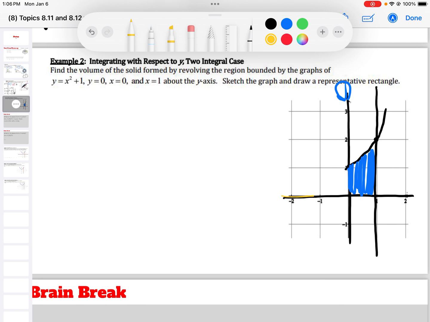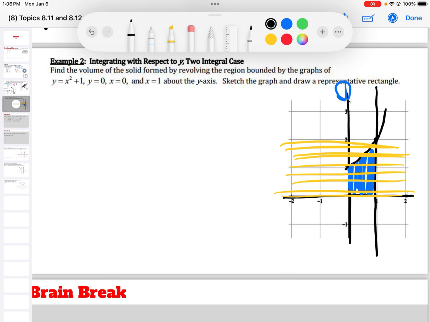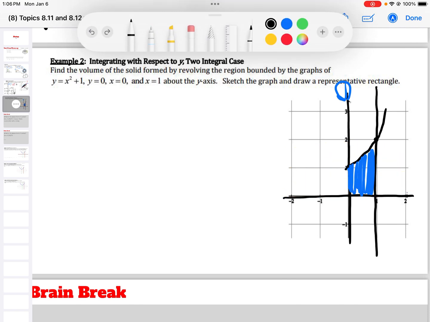First I have to think, where are my cross sections going? My cross sections start at 0 and go all the way up to 2. So my volume is equal to pi times, it will go from 0 to 2.